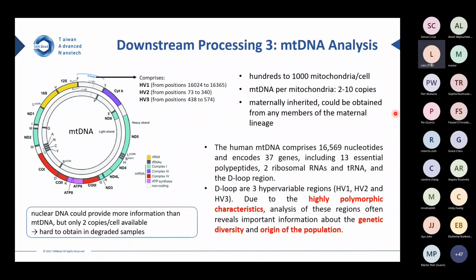Actually, for forensic analysis, aside from mitochondrial DNA, we can also work with nuclear DNA or Y chromosome DNA, depending on the case. So if we have a lot of samples to work with, then maybe we can work with nuclear DNA to do DNA fingerprinting. That way we will have more information to dig from.